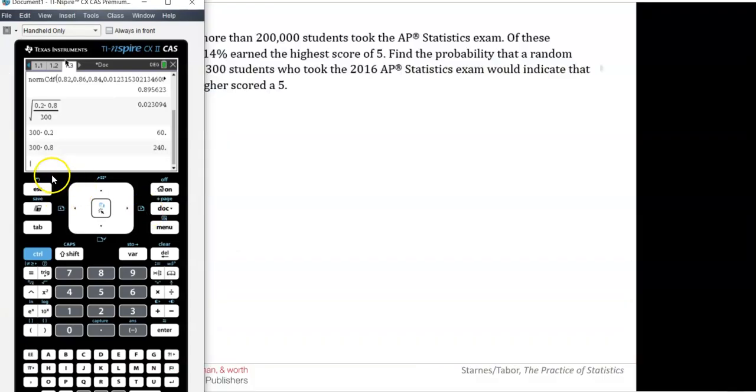And you would say square root 0.14 times 0.86 over, I believe it was 300. So 0.02 or 2%, basically there.